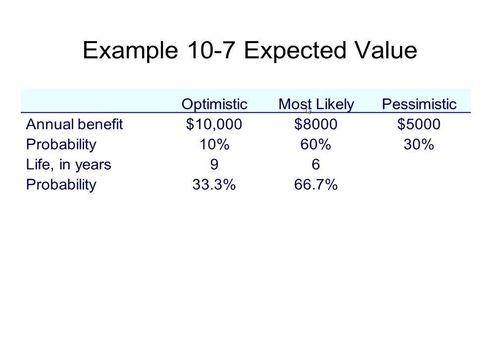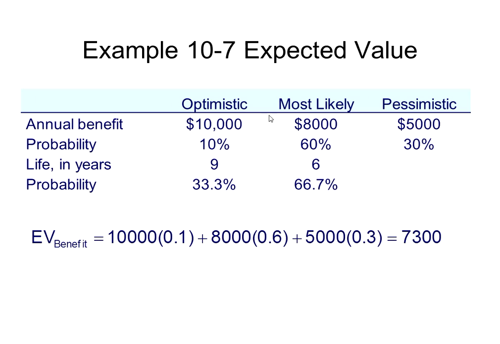So here we have the optimistic, most likely, and pessimistic cases in terms of benefit, and we have the different lives in years. So it's kind of a continuation of the previous example. Now we can find the expected value of the benefit. Notice what we're doing is just multiplying to find the expected value of benefit. We multiply this by this, and this by this, and sum them together.